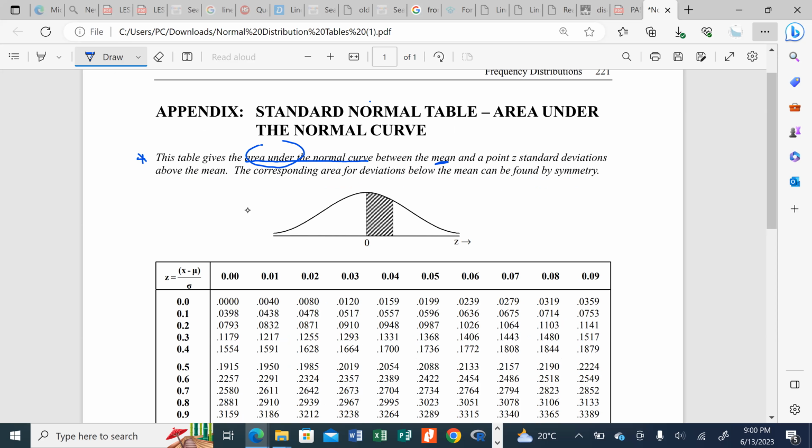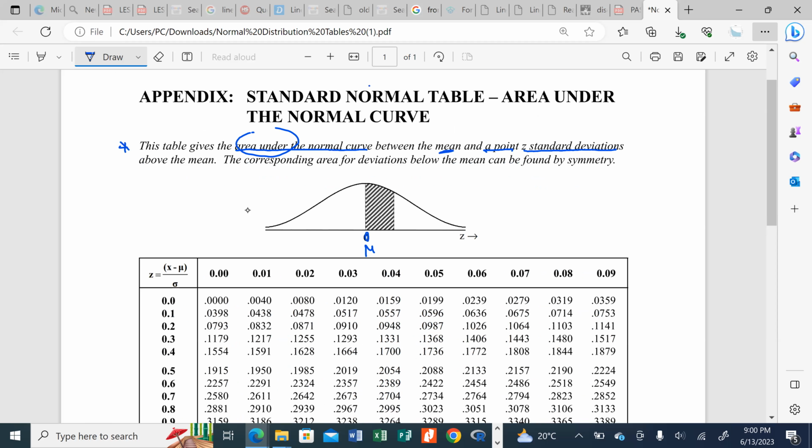We said the mean is the center all the time. And in this case, this is our mean. Our mean is 0. And a point, which is Z standard deviations above the mean. So this is the point we're talking about. You can call it Z1. You can say Z1 here. And a point Z1 standard deviations above the mean.